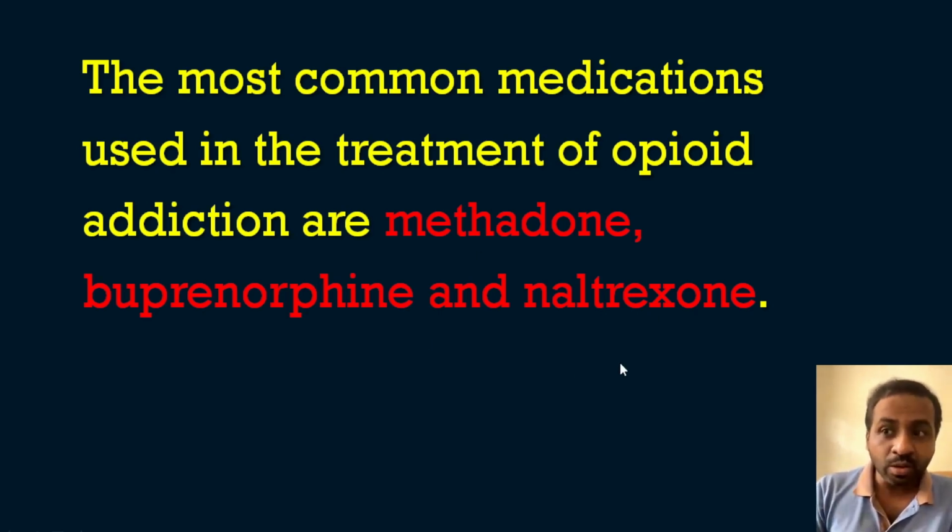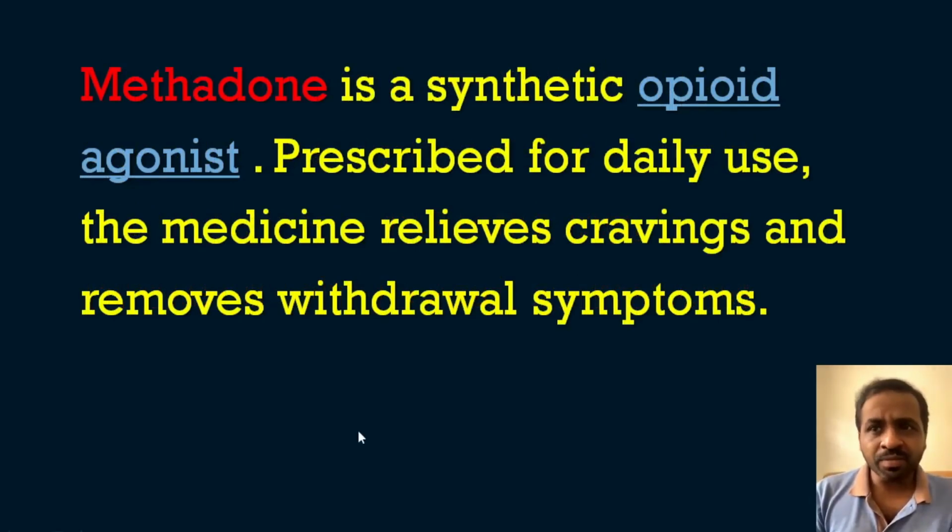Among them, methadone is the most important drug, and in clinical settings we can see the use of buprenorphine and naltrexone also. So what is methadone? Methadone is a synthetic opioid agonist, and it can be used on a daily basis to relieve craving and to remove withdrawal symptoms. Okay, so I think this question also is clear for you. Methadone for opioid dependence addiction management.